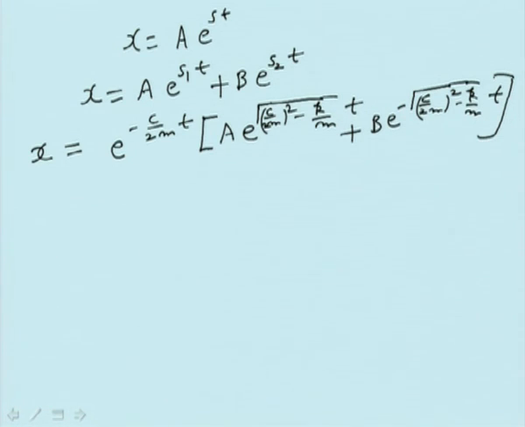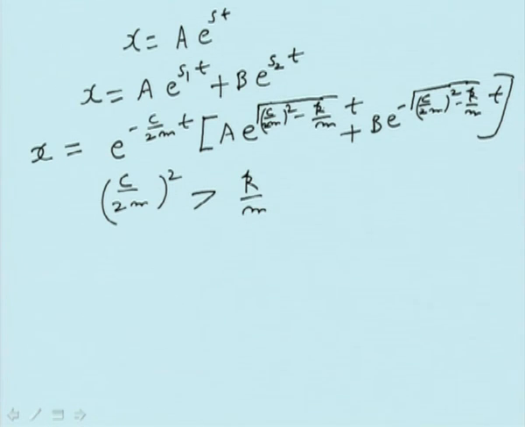Now let us see what happens when the damping term (c by 2m) square is larger than k by m. Then the exponents in the above equation are real numbers.